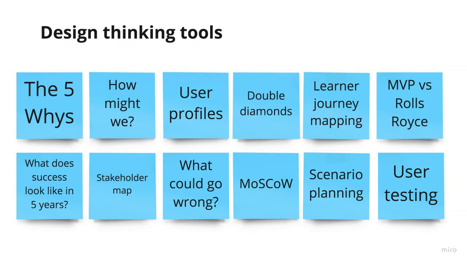So for me personally, I find that doing the visioning exercise, where we look at, okay, what does success look like in 5 years, is a really important one, because a lot of times different stakeholders have a different idea of what that is and what that looks like. And one of the biggest challenges that we often see throughout this process is just consensus. Everyone has a different idea around what is online learning best practice.